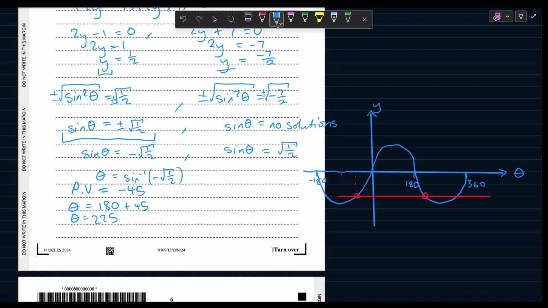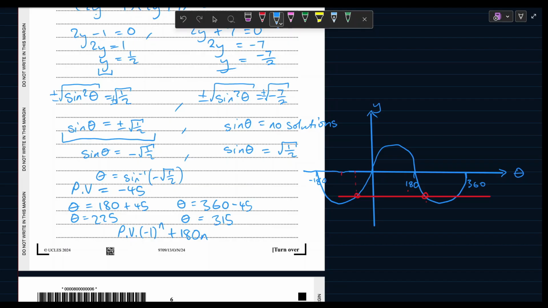And you also get theta is equal to 360 minus 45, which is 315 degrees.